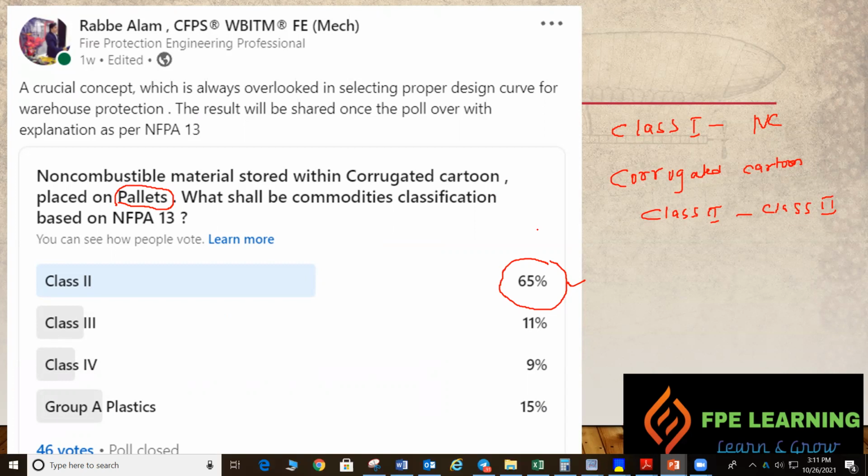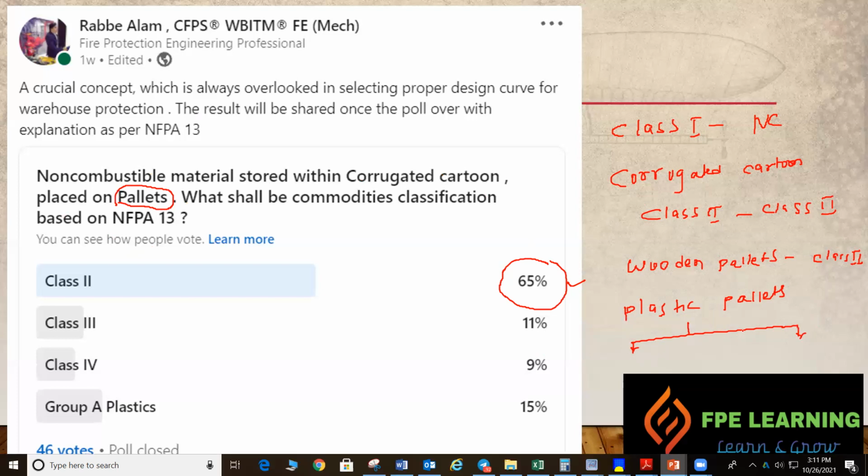So we have two types of pallets. If it is wooden pallets, it can be considered as class 2 commodities. But if it is plastic pallets, that's what we have to look at, because plastic pallets have a high heat release rate and they increase the hazard for the protective facilities.